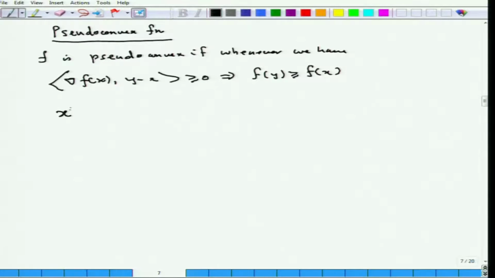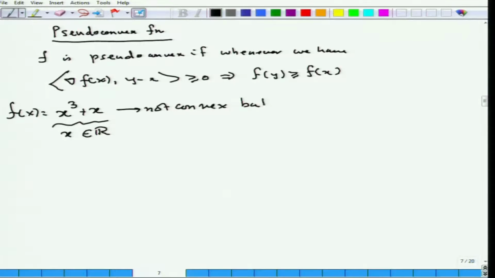For example, if you take the function f(x) equal to x cube plus x, of course x here is in R, this is not convex, but pseudo-convex.